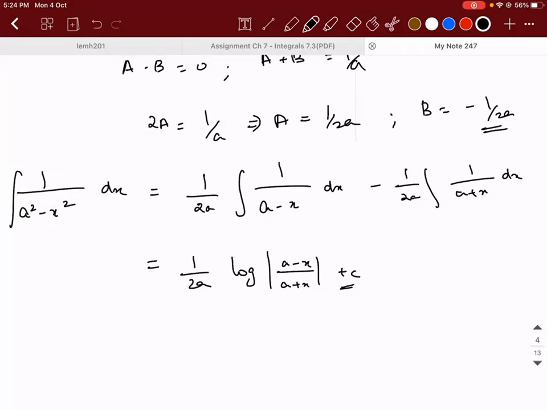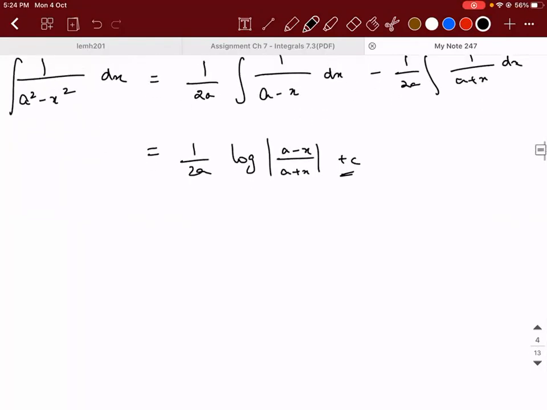We can substitute x as t, or we can write x is equal to a sine theta or a cos theta and proceed, because wherever you have a square minus x square, you can substitute like that. But just for the sake of knowledge, I'm explaining it.